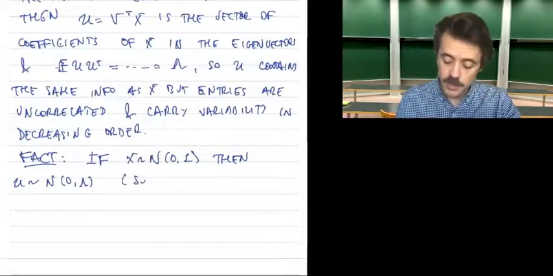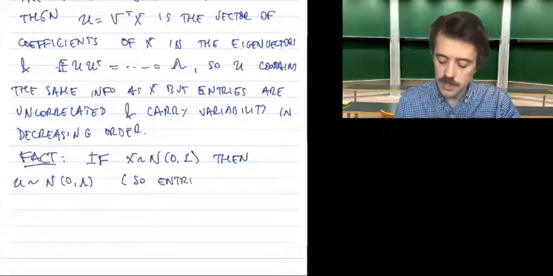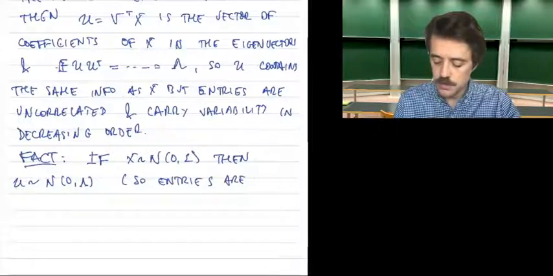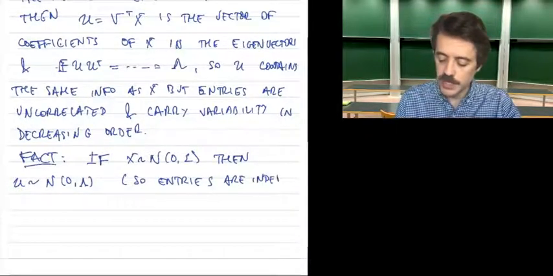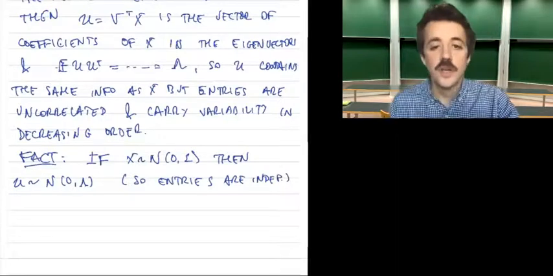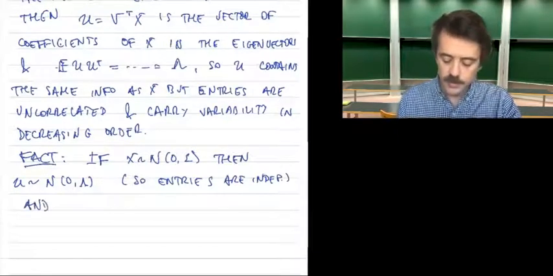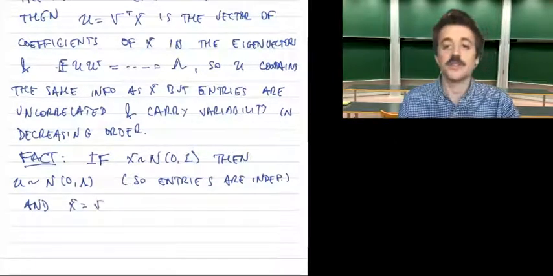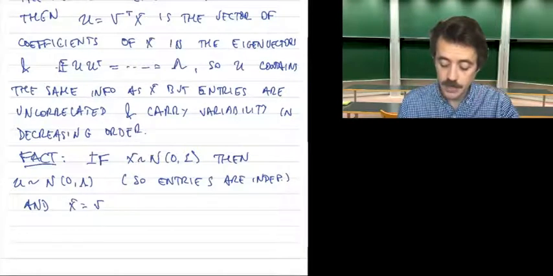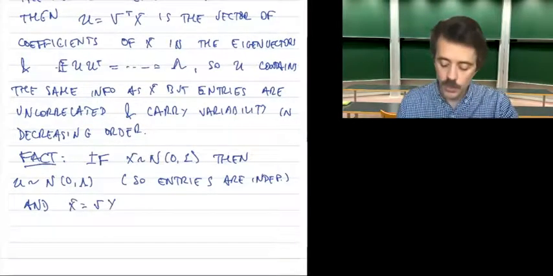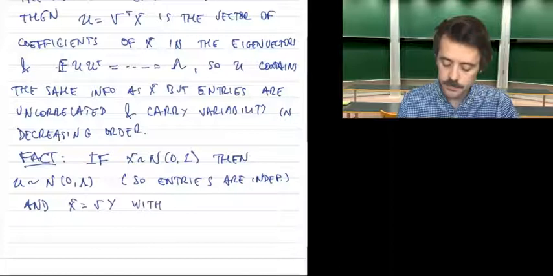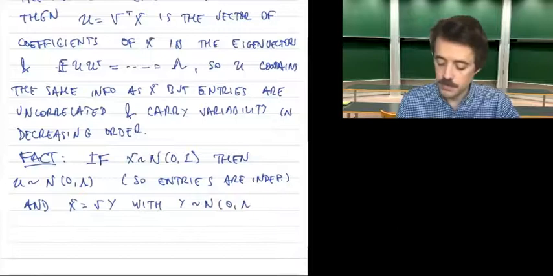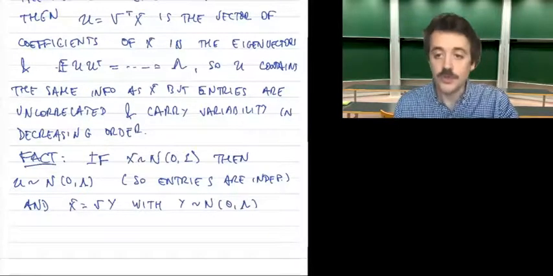In particular, the entries are independent, not only uncorrelated, and this is because we have joint normality for the U's. The other thing that we can say is that you can write X as the product of some V times Y, where Y is distributed according to the same thing as the U's.